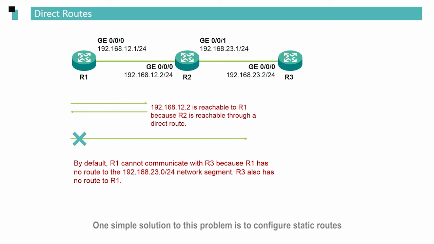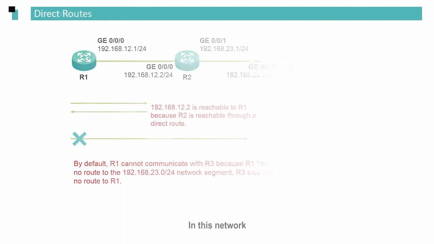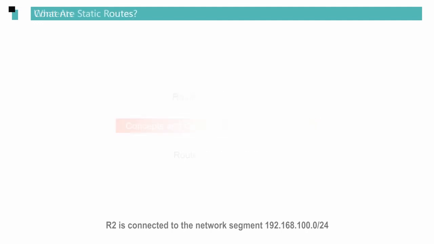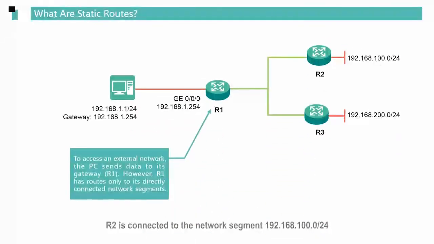One simple solution to this problem is to configure static routes. In this network, R2 is connected to the network segment 192.168.100.0/24, and R3 is connected to the network segment 192.168.200.0/24.